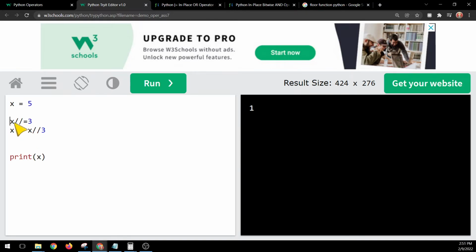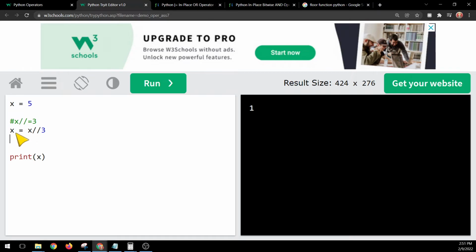If I comment this out, x is 5 at this point. If you divide 5 by 3, you end up with something like 1.7. If you floor that value, you end up with 1. That would be rounding down.